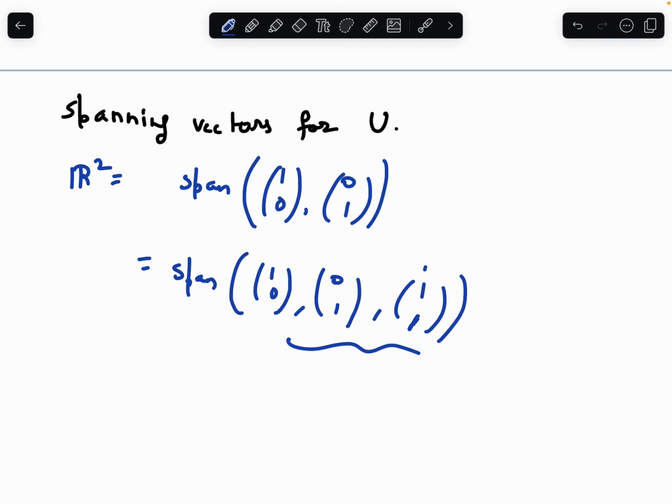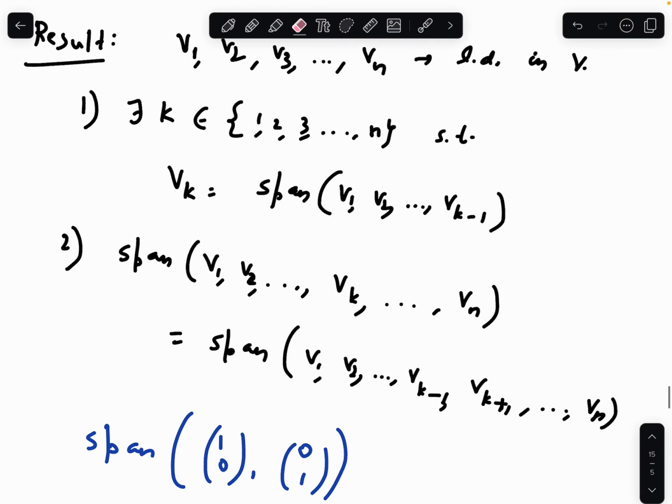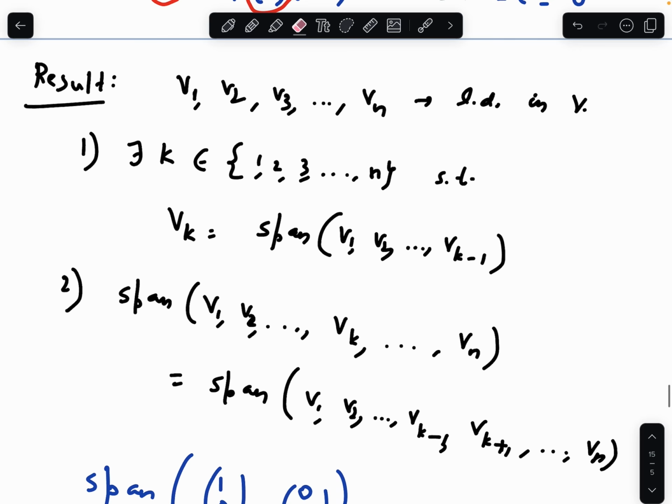This is a linear combination of these two. Therefore, this is linearly dependent, and we can remove this one and the span will remain unchanged, using the result that we did here.